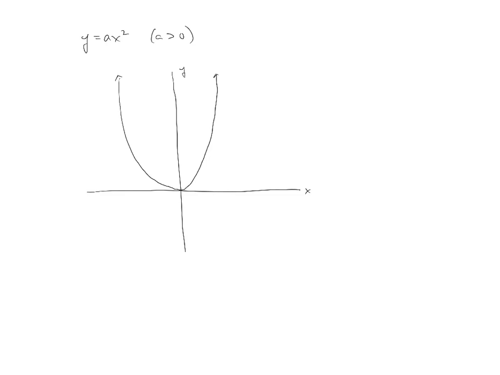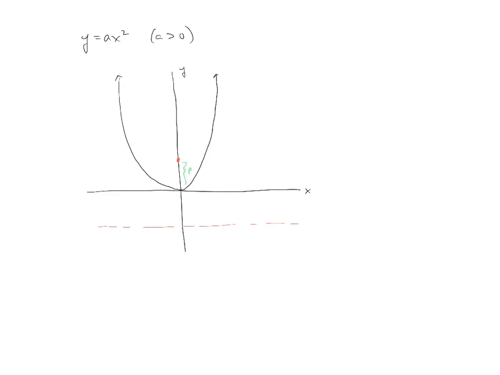Now the focus that I mentioned in the definition is going to be somewhere like that, and the directrix will be somewhere like that. Now we're going to define the distance between the vertex and the focus, and also the distance between the vertex and the directrix, as a distance of p.